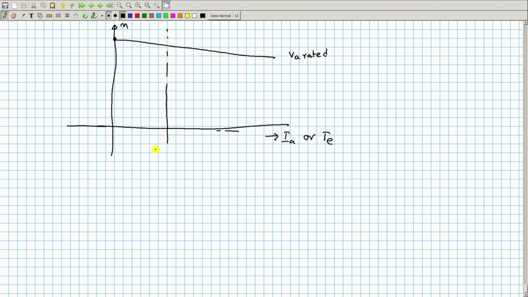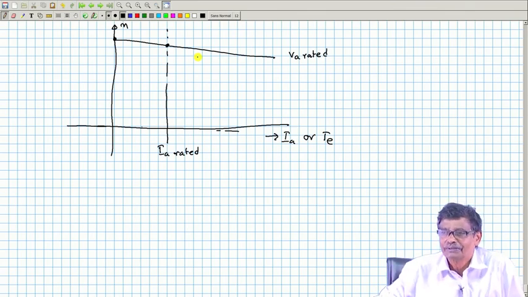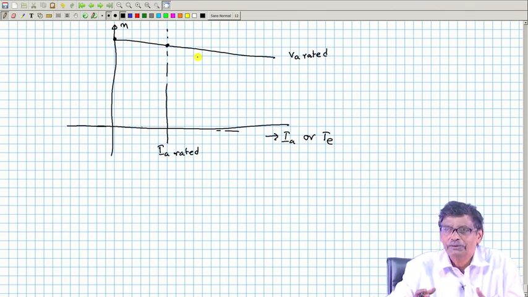And this is suppose IA rated. A machine is operating here. Now, suppose I say that I will reduce the voltage and also increase the load torque.